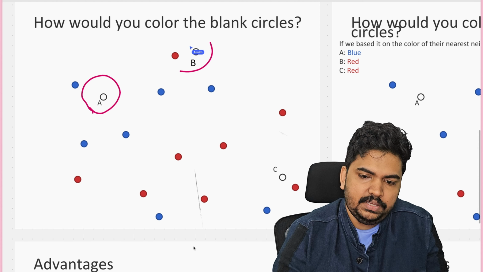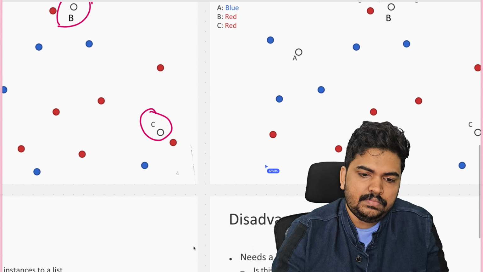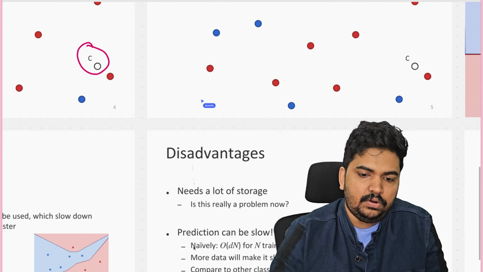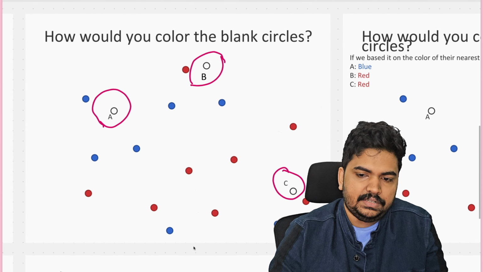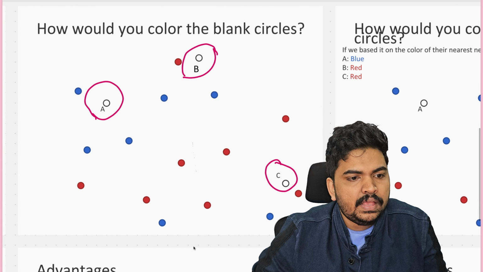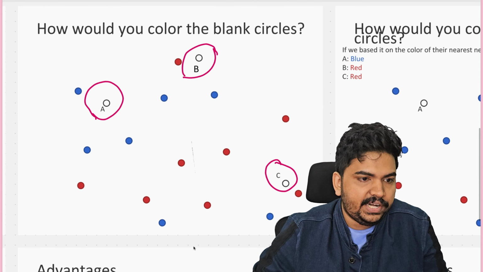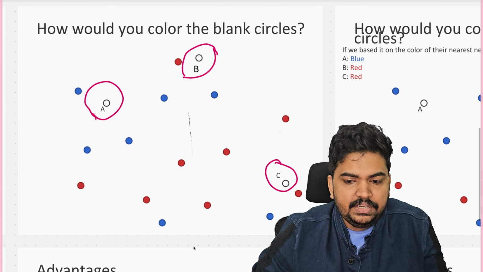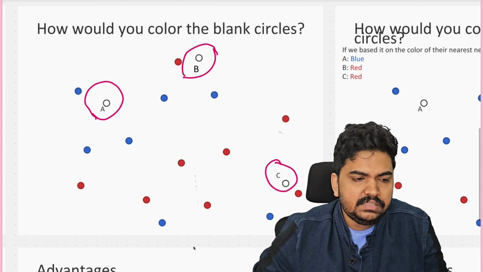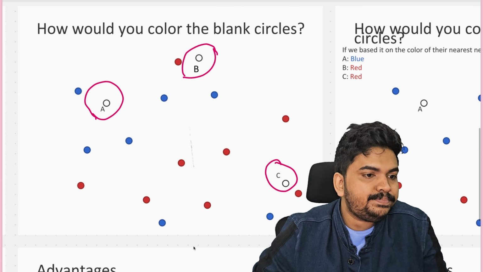These are labeled A, B and C. I hope you can see all three circles. For a classification problem with two classes, red and blue, we need to see what the colors will be for the points A, B and C, which are not yet colored.